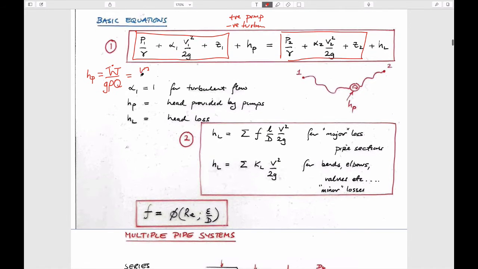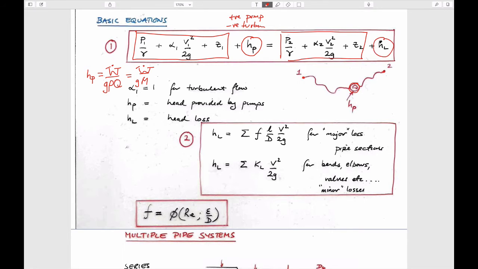Sometimes we've written it as the power being equal to gravity times the mass flow rate, depending on how you like to think about things. So that allows us to be able to put a pump within the system between locations upstream and downstream.